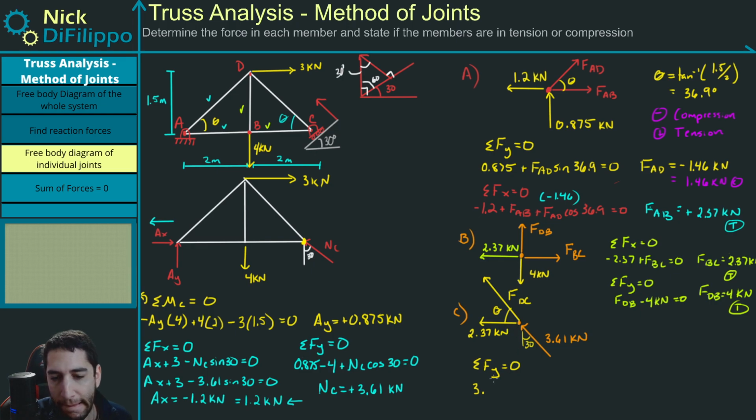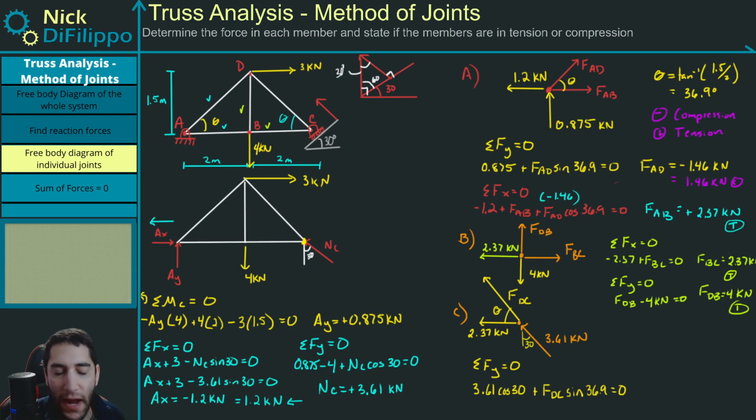So we're going to have 3.61 in the Y direction, which will be the cosine of 30. Then we're going to have plus FDC in the Y direction, which in this case is the sine of theta, which is 36.9, and that's going to be equal to 0.